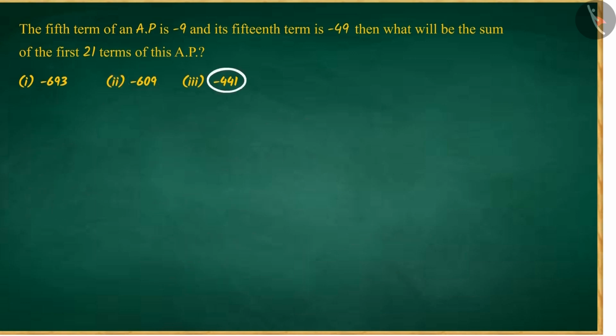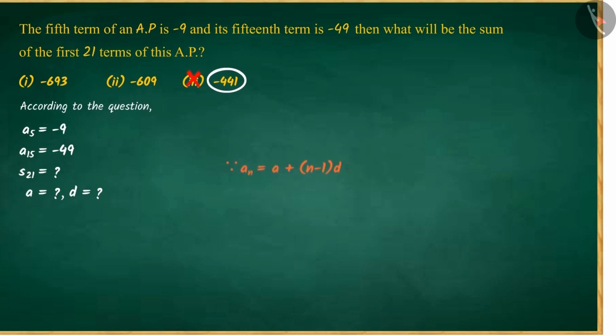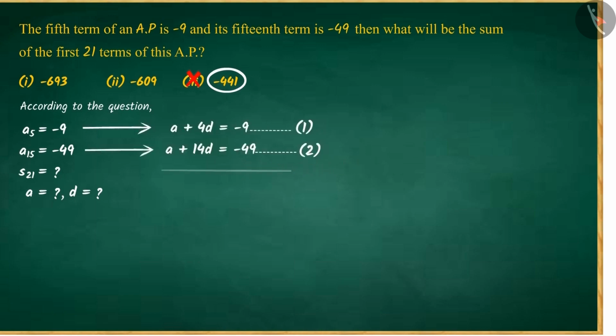If you have selected option 3, it is also a good attempt, but it is the wrong answer. Let's see how. You found the correct values and selected this formula to find the sum.